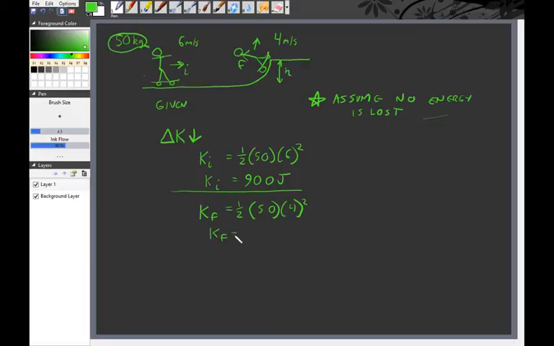So his final kinetic energy is going to be, I'm totally doing this in my head right now. I do not have this written down in any way, shape, or form. All right, 400 joules. All right, well, it did go down. Just by looking at it, your change of kinetic energy is negative 500 joules. 500 joules of kinetic energy have gone somewhere. Where has it gone? It's been stored away as potential energy as he increases his height. All right, so I guess our job now is to find his change of potential energy.